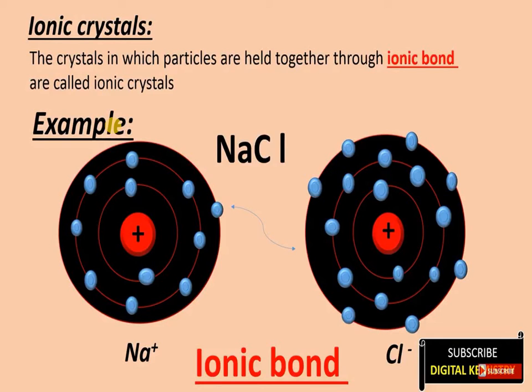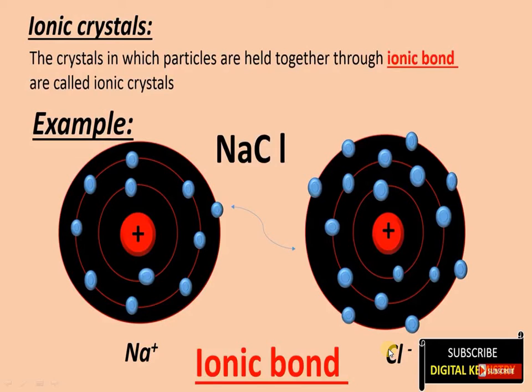As indicated in the example, there are two ions, for example sodium ion and chloride ion. Sodium ion is formed when sodium atom loses one electron, then it becomes Na+, and chlorine atom after gaining that one electron becomes Cl- ion.